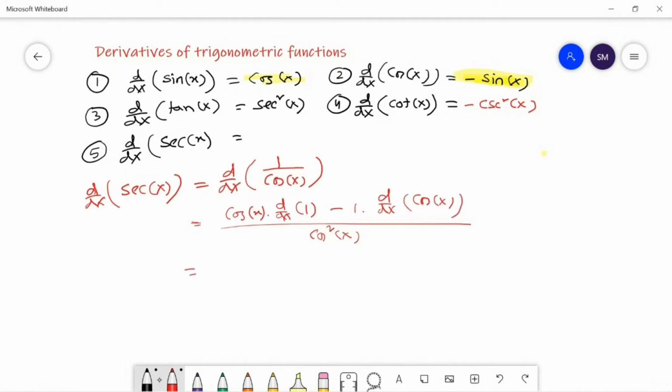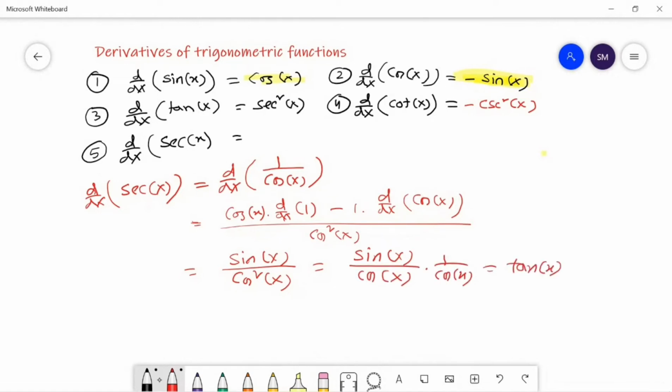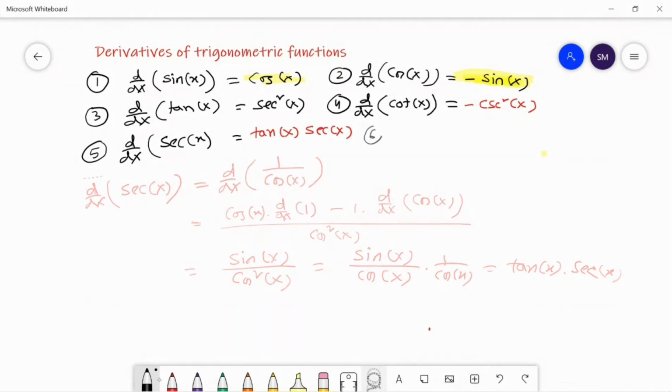The derivative of cosine x is minus sin x, so minus minus is plus, so we finally have sin x over cosine square x, which can be written as sin x over cosine x times 1 over cosine x, which is nothing but tan x multiplied by secant x. So we have our fifth rule: d/dx secant x is equal to tan x multiplied by secant x.